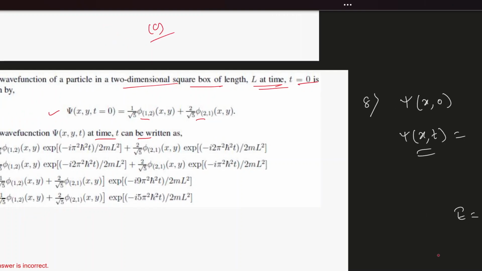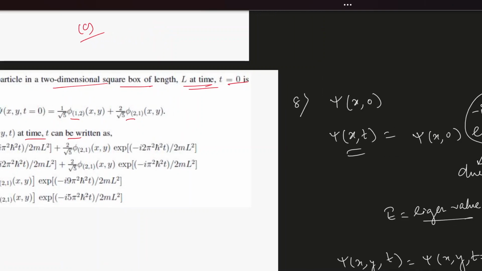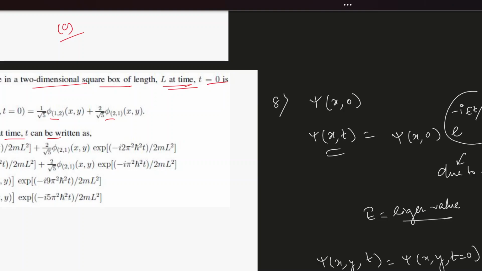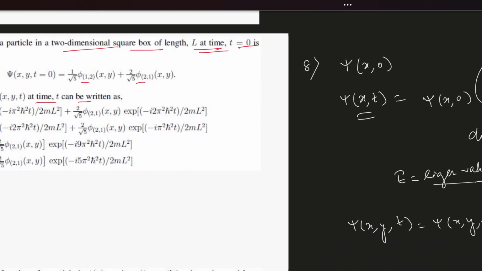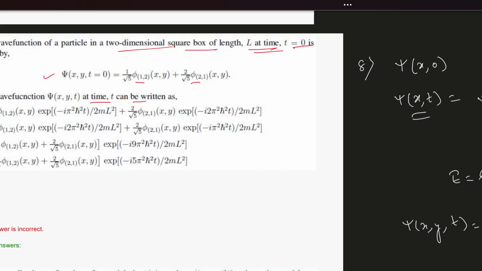Here you just put that value and you get that psi(x, y, t) will be psi(x, y) at t equal to 0 times e to the power of minus i 5 pi squared h cut squared t by 2mL squared into h cut, right? So h cut can cancel out, and psi(x, y) at t equal to 0 you already have. The term given in the question will be there, multiplied by e to the power of minus i 5 pi squared.